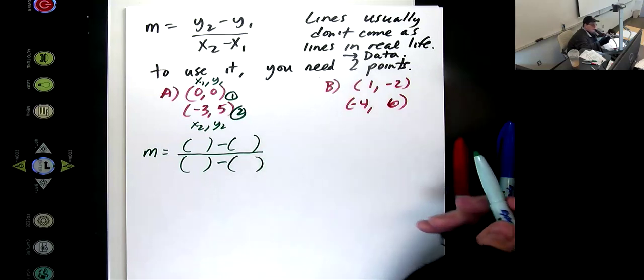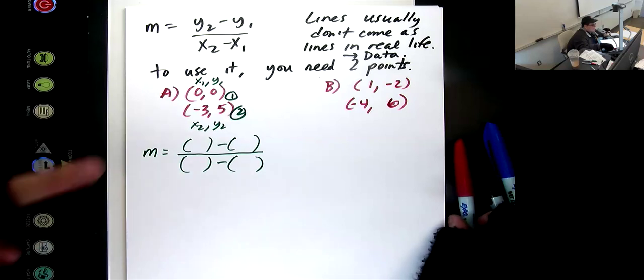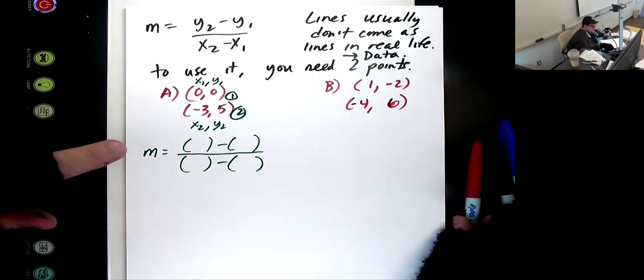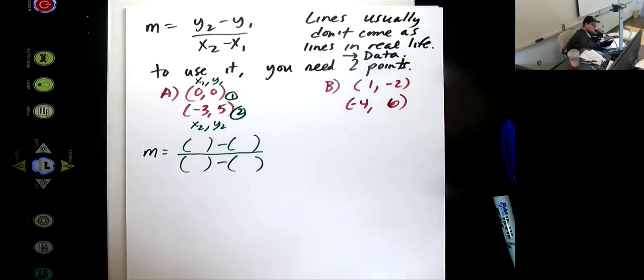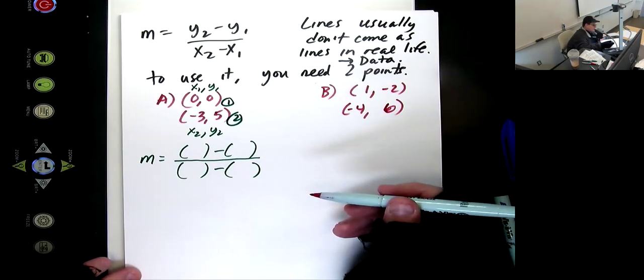You might find it takes a little bit more work to write the parentheses, but you won't mess up any signs if you do. And you have to have the equation memorized. That's the only kicker here.